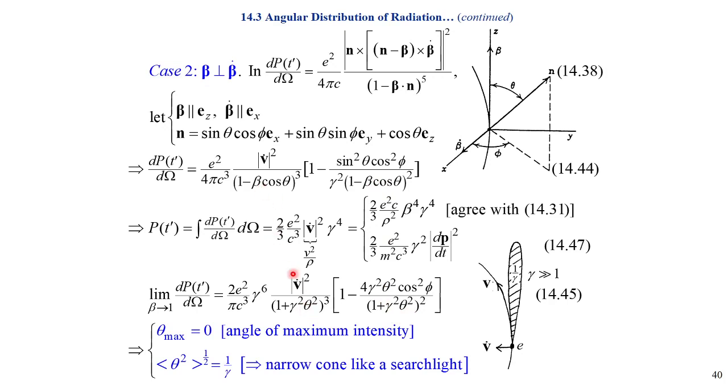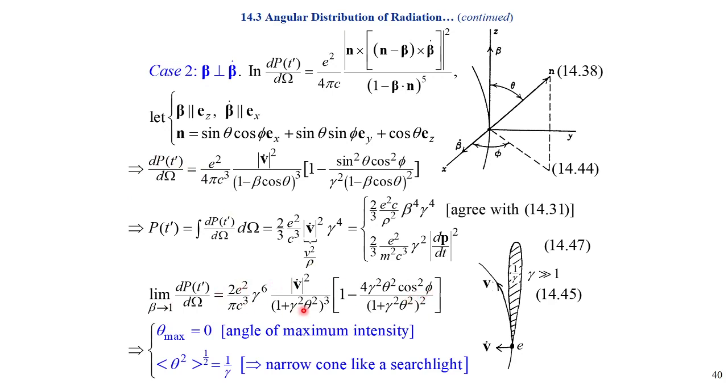Beta close to 1, beta cosine theta, gamma will be very, very large. Okay, rewrite everything. You can practice by yourself, or you can consider this one here and here as an extra bonus. Write your answer to me.